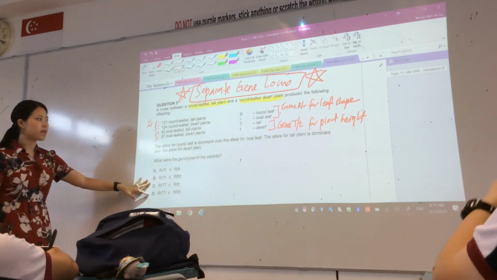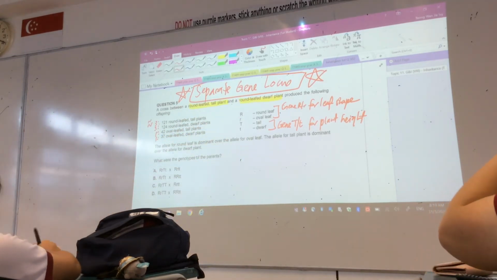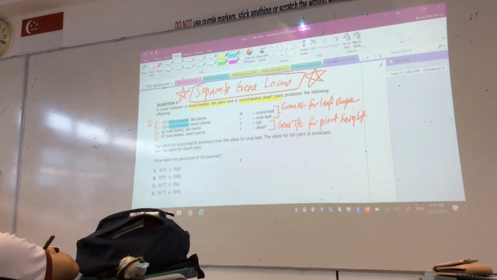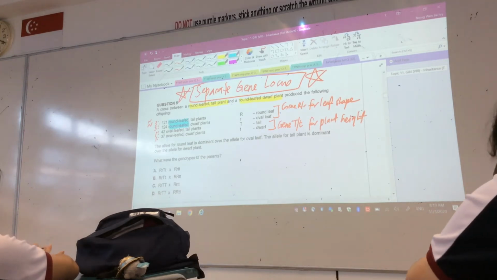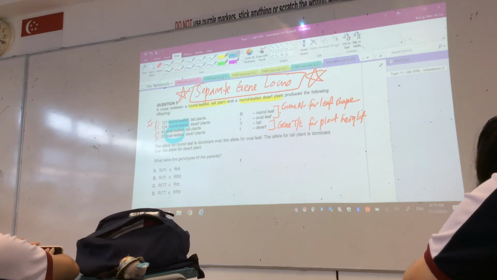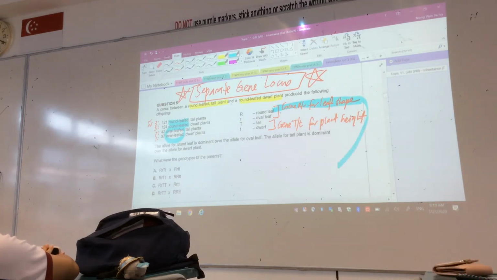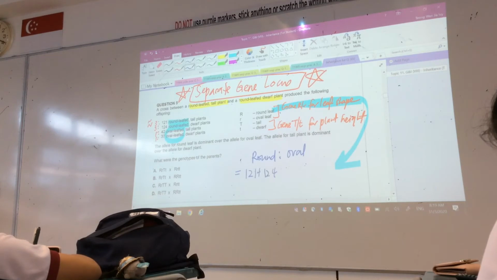So how do you separate? With the numbers, you can group up. Firstly, group up the round versus the oval. Let's look at the gene R for leaf shape first. If you look at the first gene locus, round is to oval, what is the ratio?